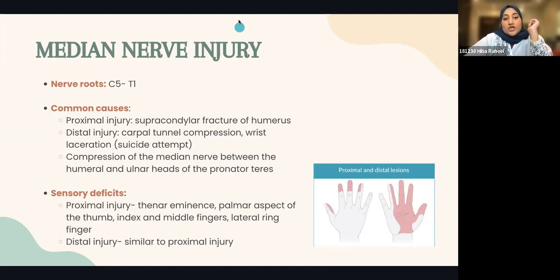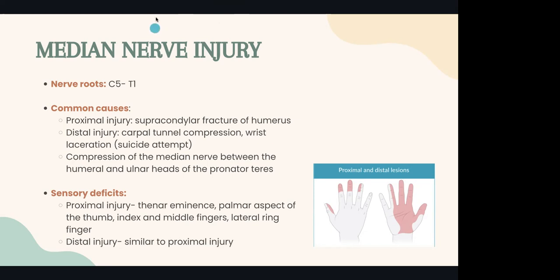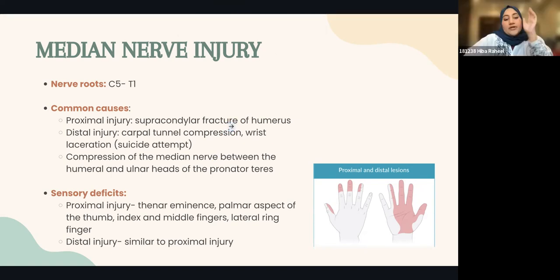Now, who can tell me what carpal tunnel syndrome is? The building up of fluids in the retinaculum of the hand and the compression of the median nerve because of these fluids. Yeah, very good. So it's not actually a buildup of the fluid. It's basically because of constant pressure or constant compression, the retinaculum becomes inflamed.